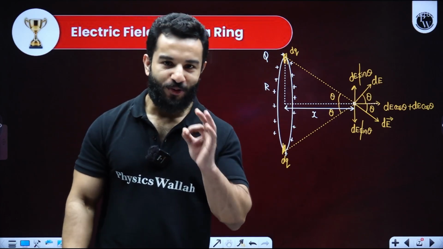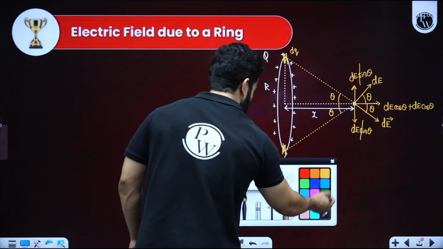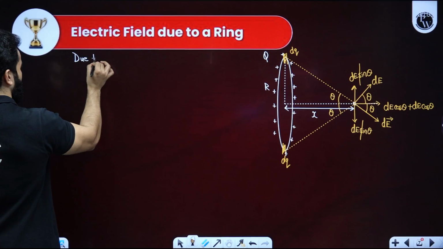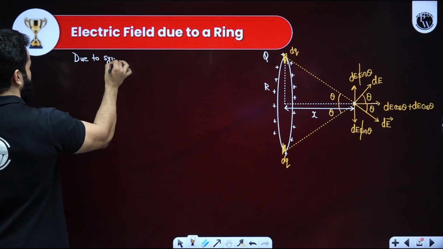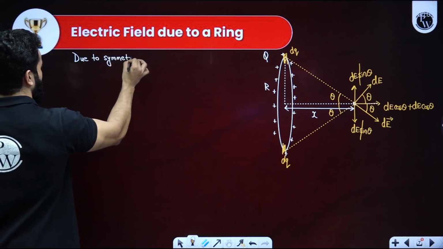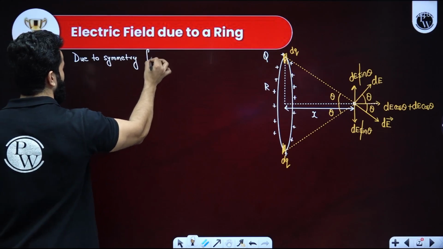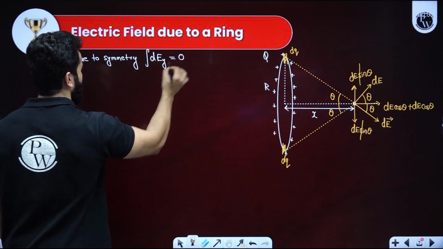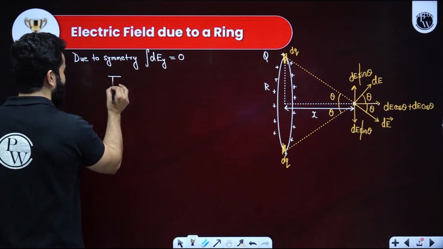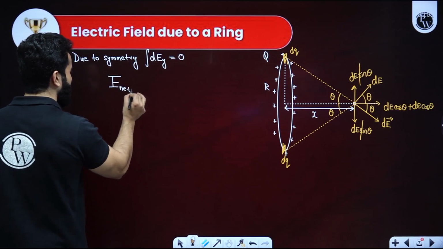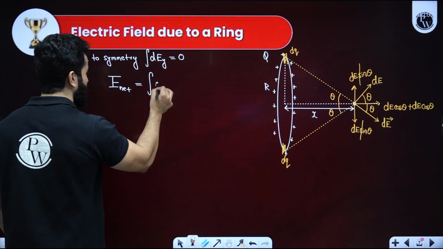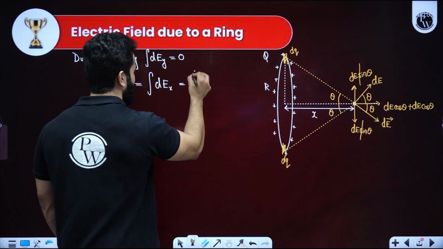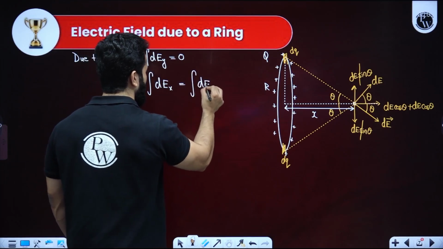That means due to symmetry, the integration of all the dEy will come out as 0. That means the net electric field will be nothing but the integration of all the electric fields along x direction, and that is nothing but dE cos theta.